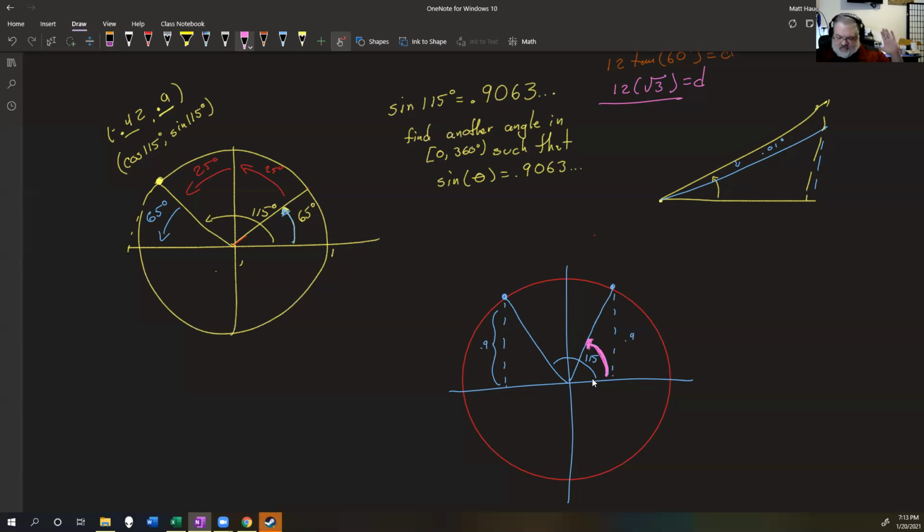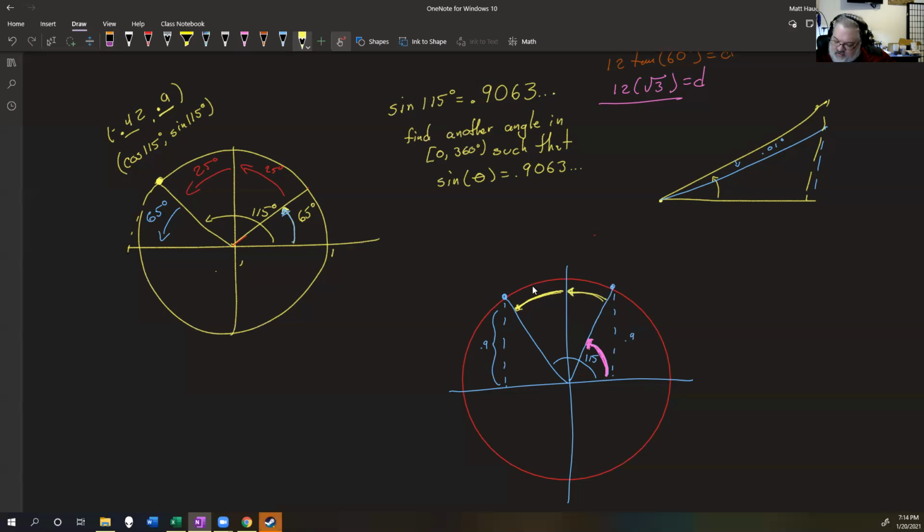All of that, I'm 100% with. But then what you said was you subtracted the 90 from 115, right? That gave you this angle, right? Yeah. This angle is the same as that angle, right?